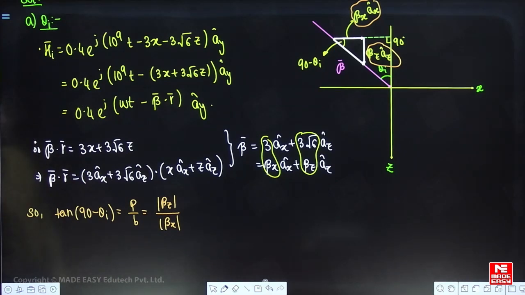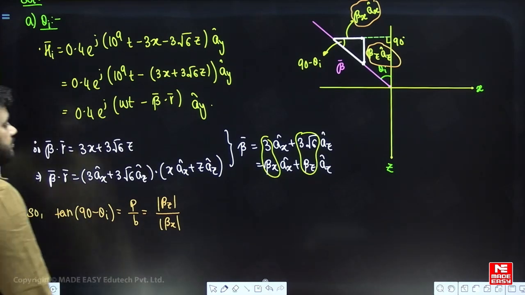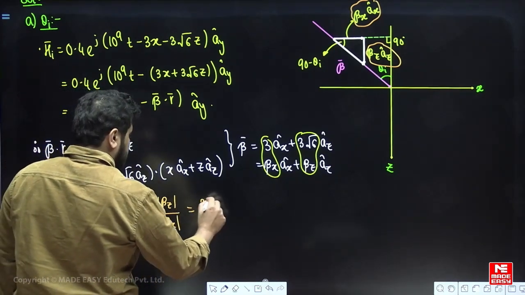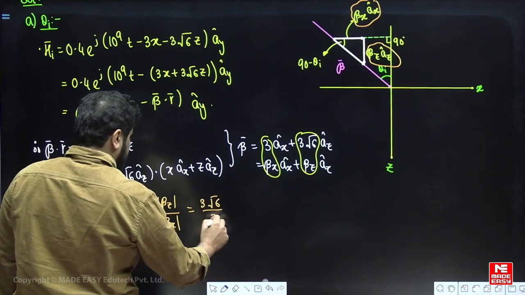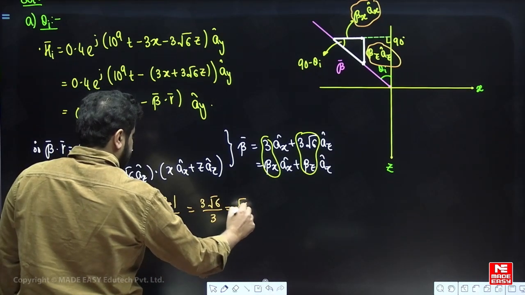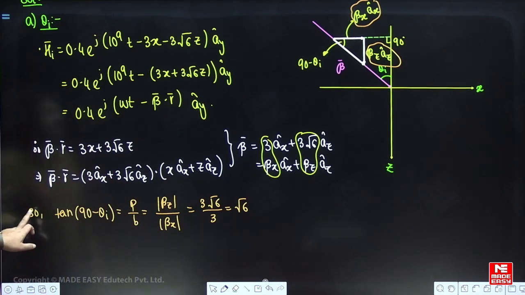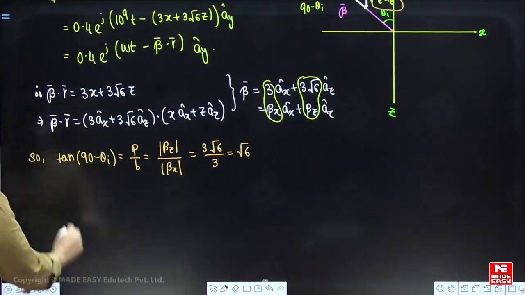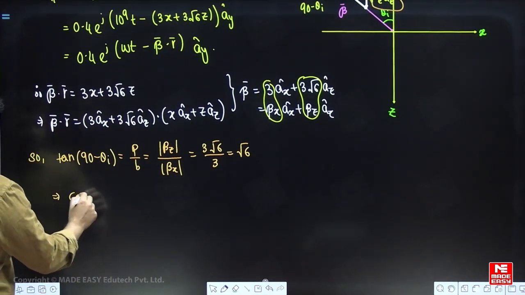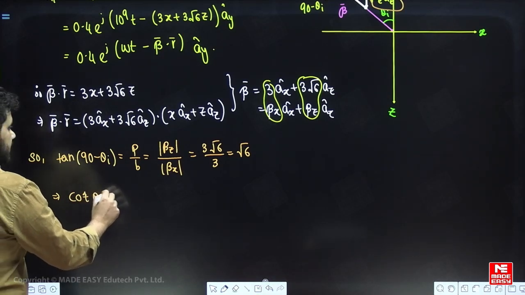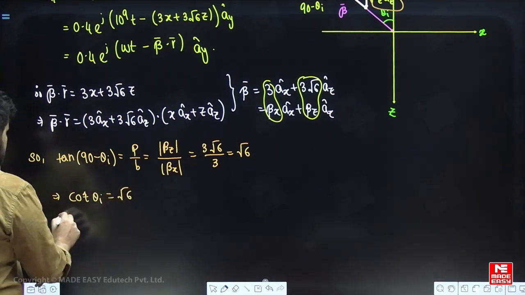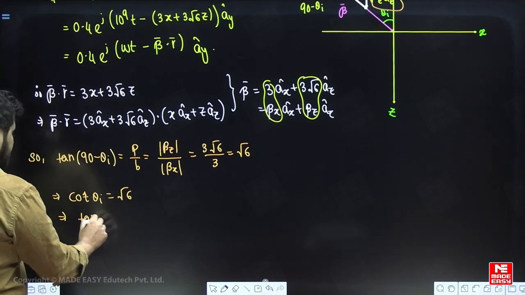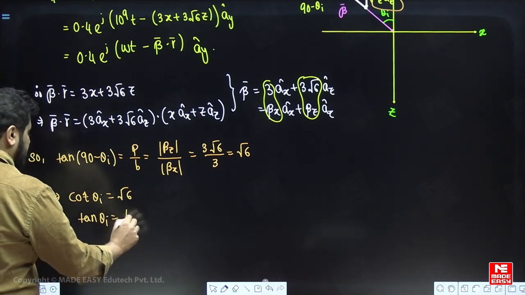So beta z is 3√6 divided by 3. This is √6. Therefore cot of theta I is equal to √6, so tan of theta I is equal to 1 by √6.